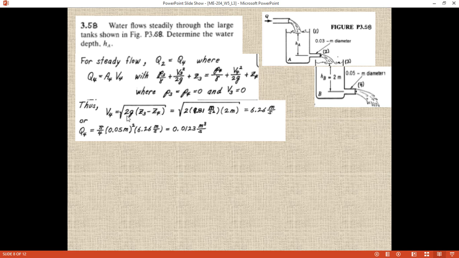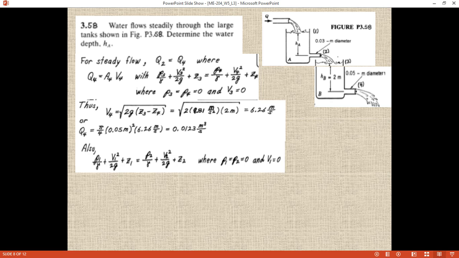Once we know the velocity, area is known, we can easily find out the volume flow rate. So now it's going to be very simple. Now we know the volume flow rate, so Q2 and Q4 are equal. So here we know the flow. Now it's quite simple, so we can find out the velocity at this point, and once we know the velocity at this point, we will apply the Bernoulli equation. So let's see.